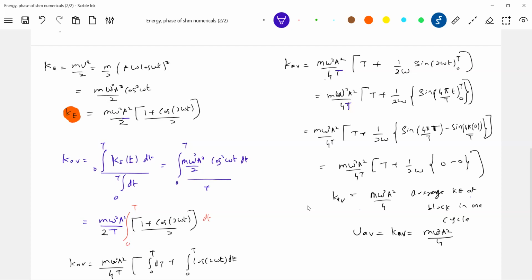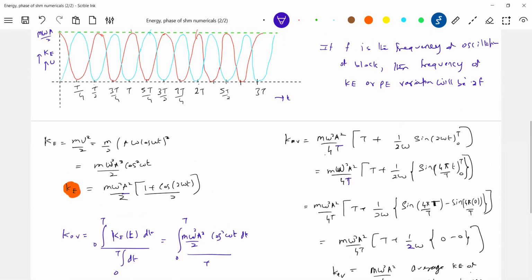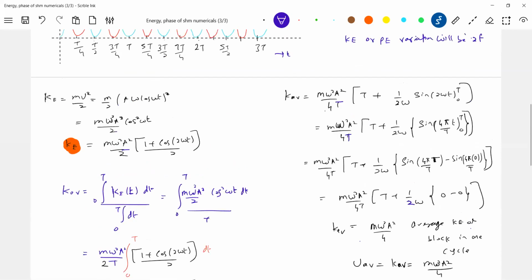Shall I go for the next one? So we have the potential energy and kinetic energy. Let's go for them as a function of position. We'll plot it and see what we get here. I'll take the spring block system.